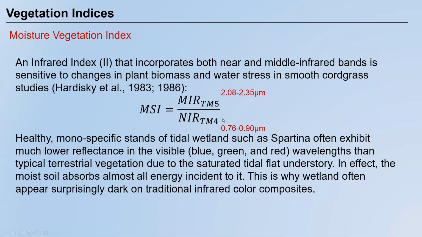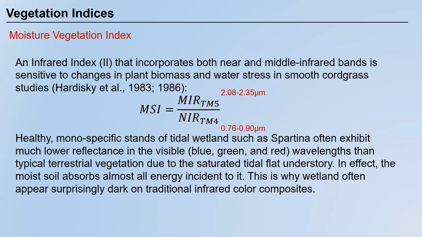water does not absorb that much energy within near-infrared. So if the plant is very healthy and the water is abundant enough for this plant, which means there is no water stress, then the MSI value should be low because the MIR reflectance should be low.